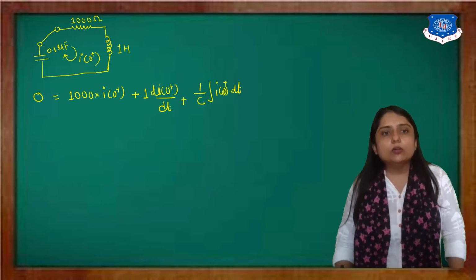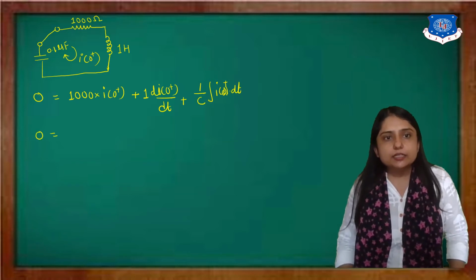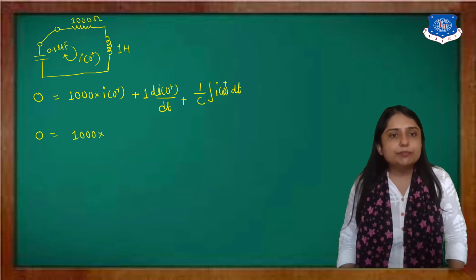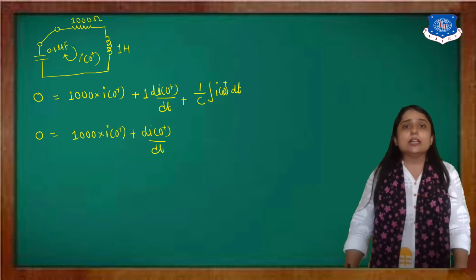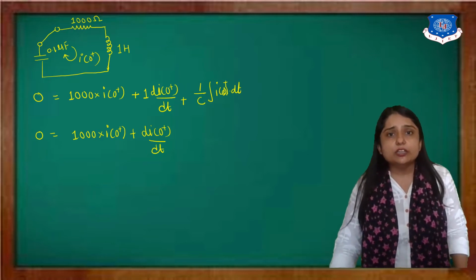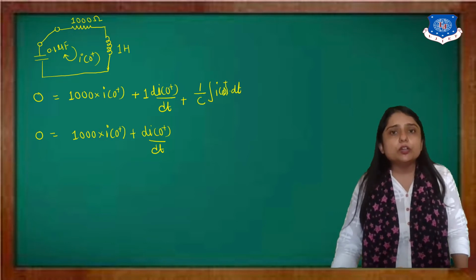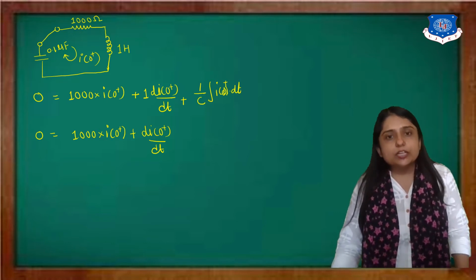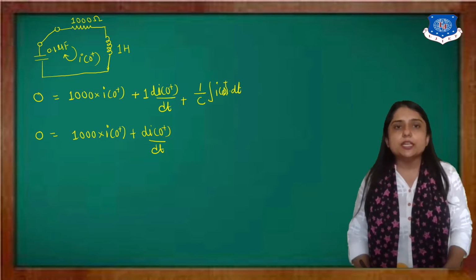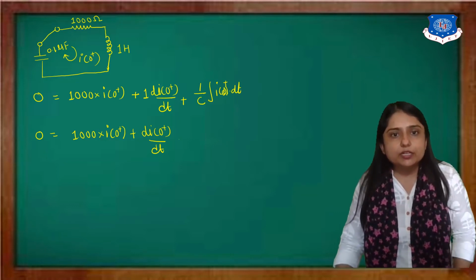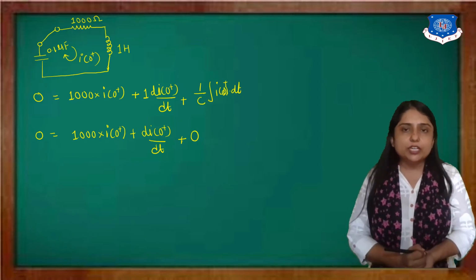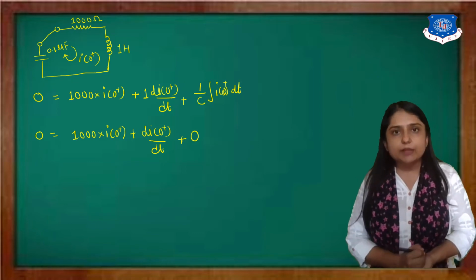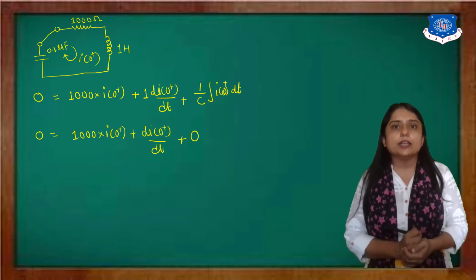Alright. Now see here, this is as it is: 1000 multiplied by I(0+) plus di(0+)/dt. But we know that initially the capacitor was not part of our diagram, so there is no initial voltage present in the capacitor. We consider that as 0, because when we draw the diagram of t equal to 0 minus, the capacitor was not part of our diagram.